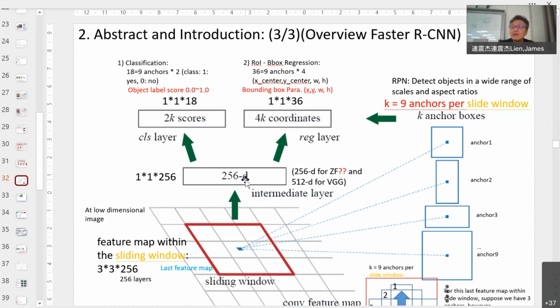So we have a 256-dimension feature, and then we do regression or classification. But the important one is anchors. Anchors are a very important method for the region proposal network.